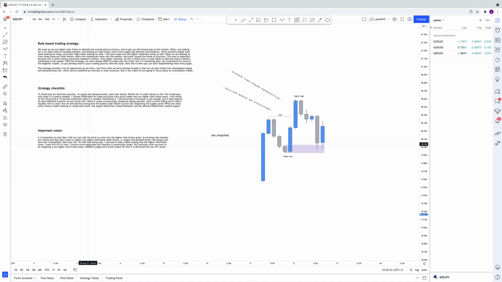With that being said, I will look to take trades coming into the higher time frame areas. I base this off of clear 1 minute order flow, structure breaks, liquidity to target, etc. But obviously what we want to do is be targeting the higher time frame areas and then judge price based off how it is delivered into the areas.